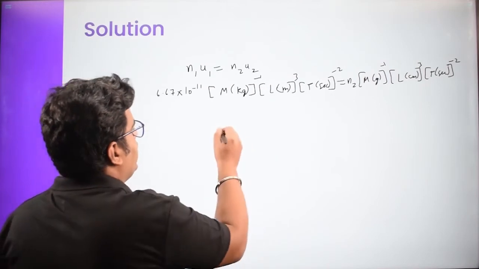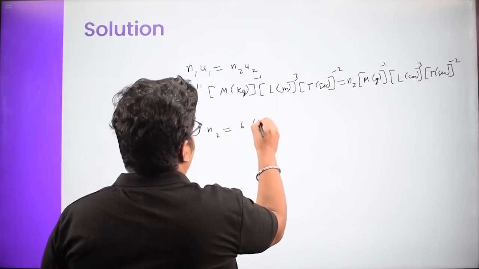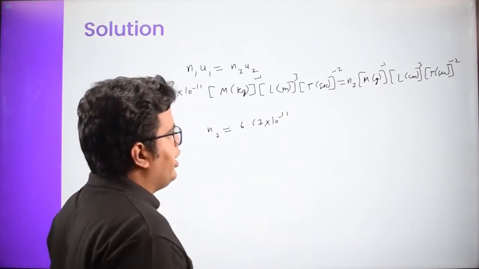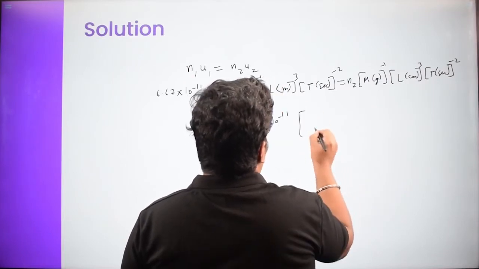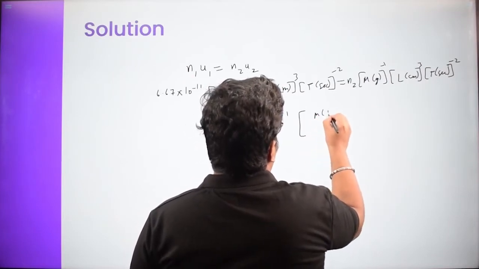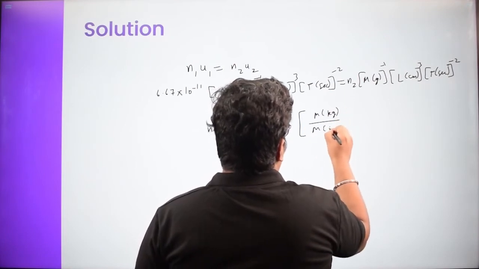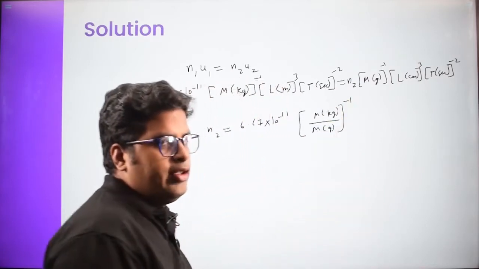So n2 will be 6.67 into 10 to the power minus 11, right? Now this will be multiplied by mass in kg upon mass in grams, raised to the power minus 1, right?